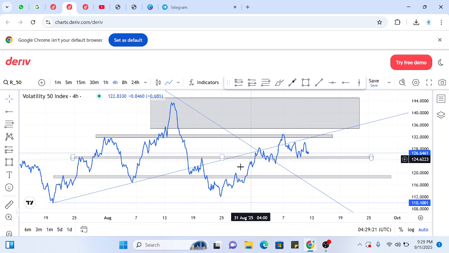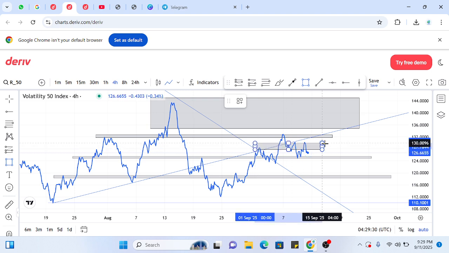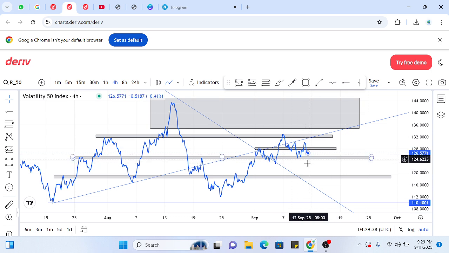So that is basically me categorizing the zones on this particular market. Now there are also smaller zones, which is this one, which it has actually gotten into. If it breaks above it, then one would be looking for a buy. It breaks below it, which is looking strong now, one will be looking for a sell.